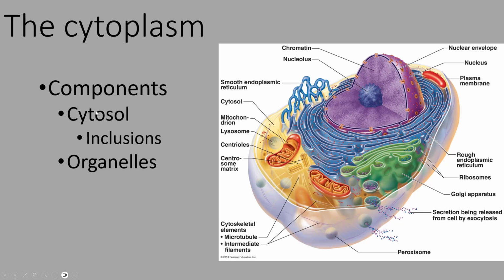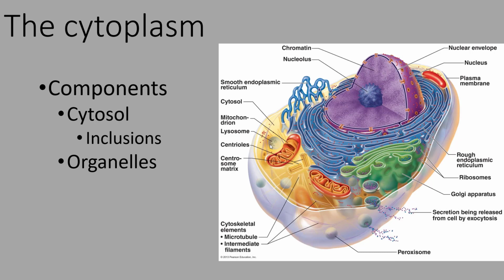Now the cytosol, it is mostly water, but it is this kind of jelly-like water because it's got a lot of stuff in it. It's got things called inclusions. And inclusions is kind of everything that doesn't really fit the definition of organelle. One, they're really, really small. Some of them are just like nutrients dissolved in the cytoplasm.